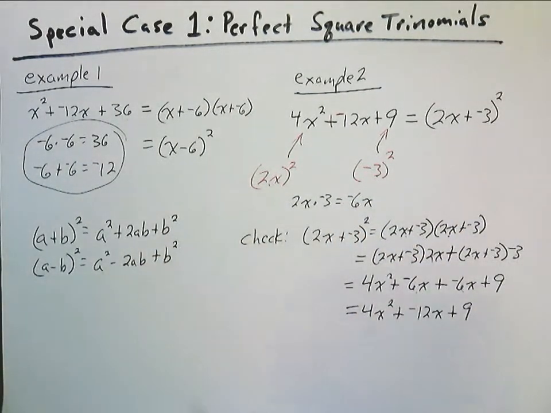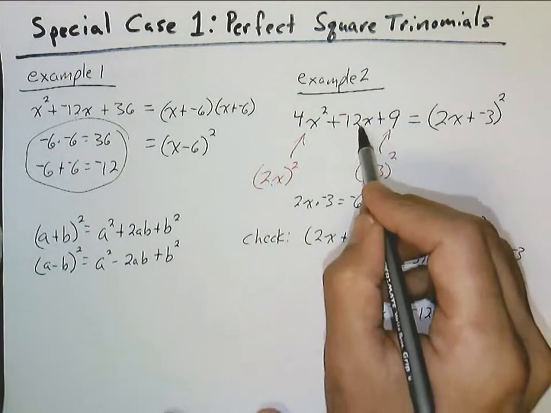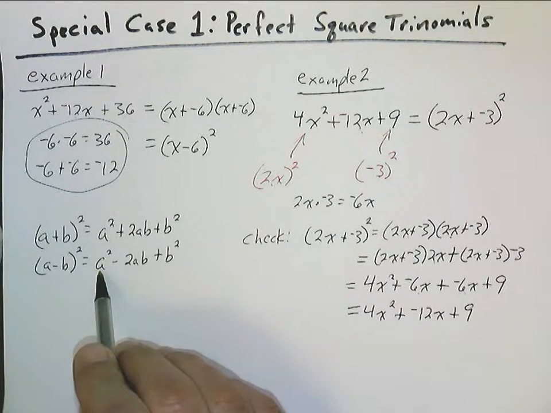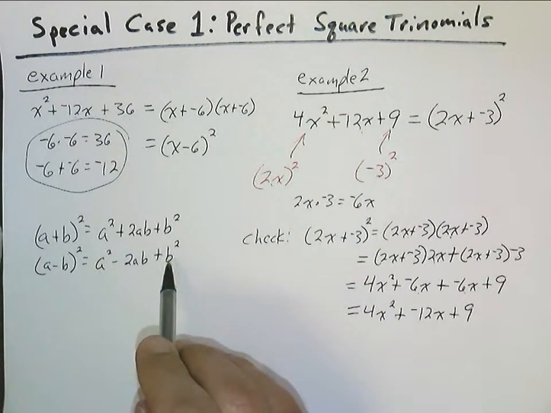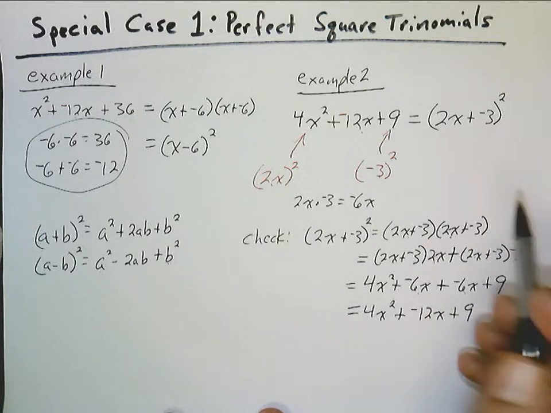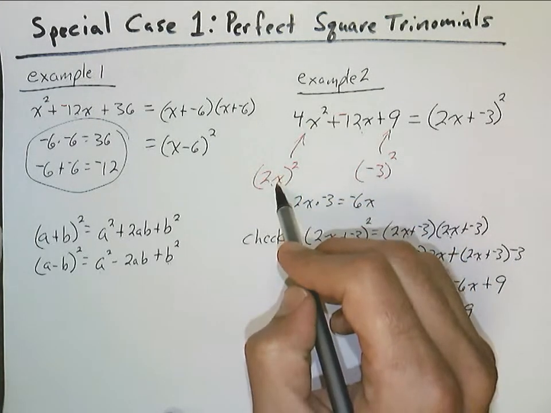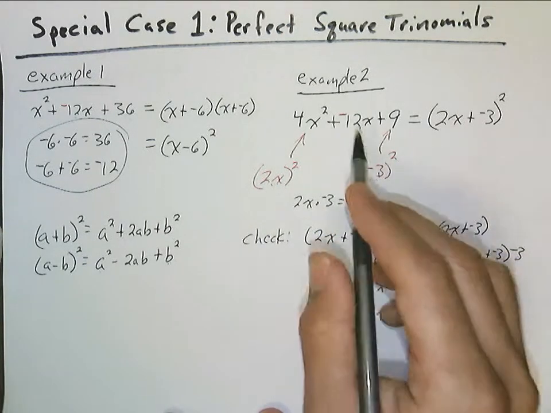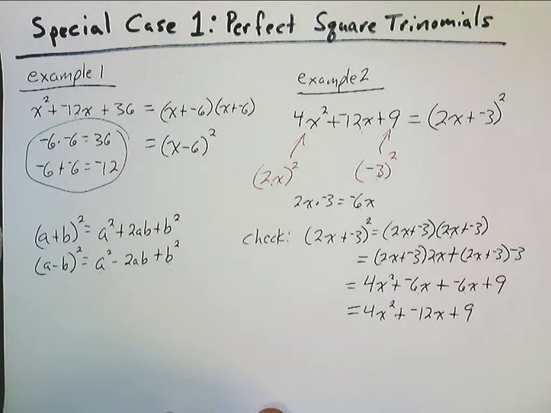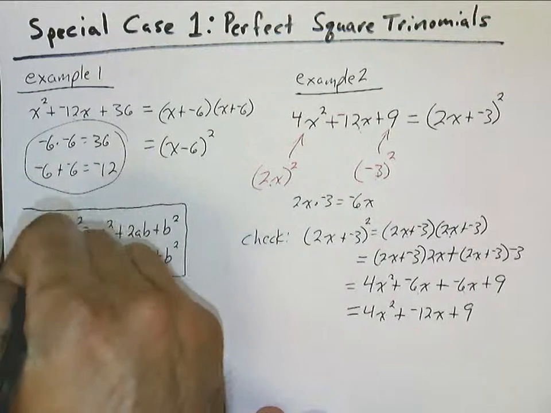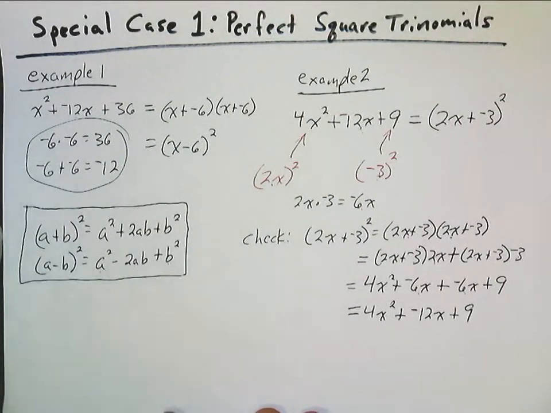So basically, if the linear term is 2 times the square root of the quadratic term times the square root of the constant term, then we've got a perfect square trinomial. Square root of 4x squared is 2x, square root of 9 is negative 3. Multiply them together, we get negative 6x. That's half of the linear term. These are things that you should have down pretty well.